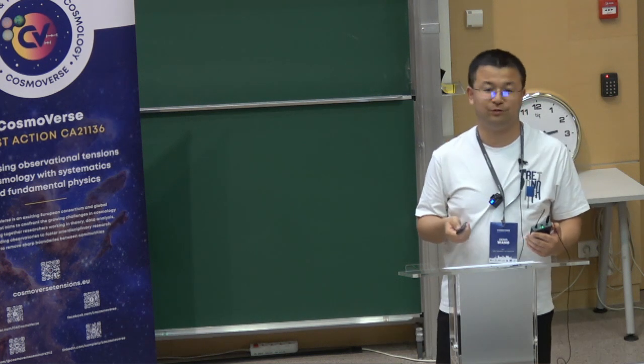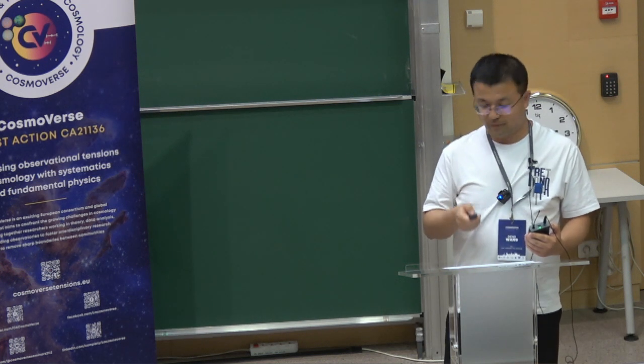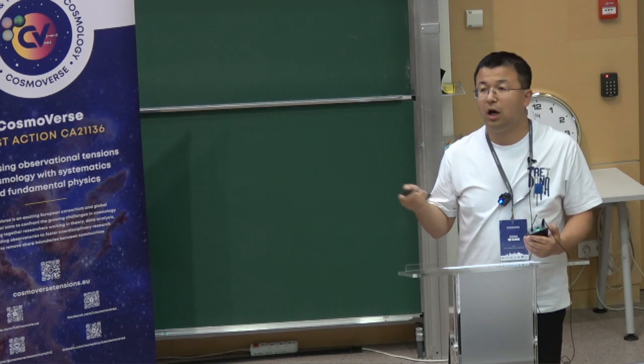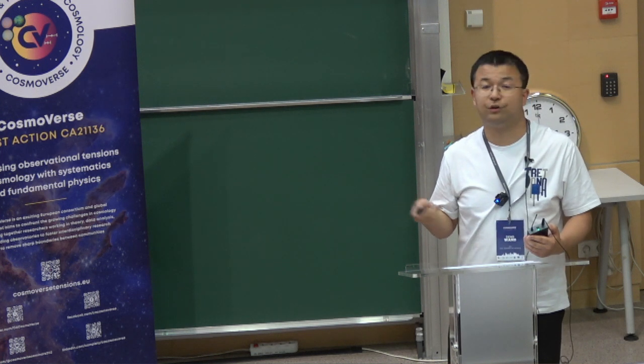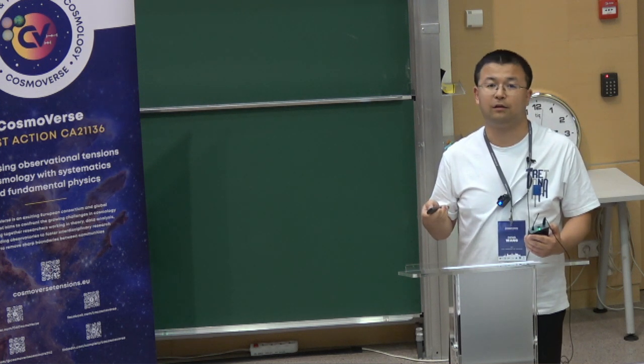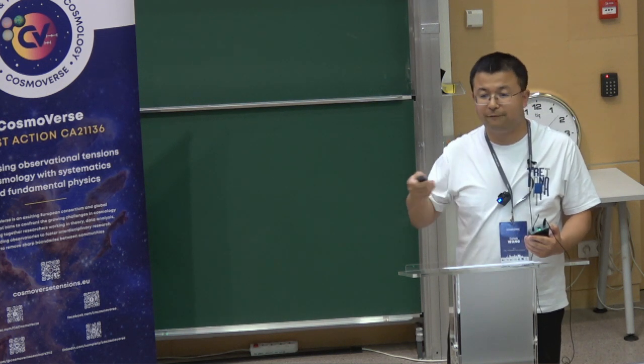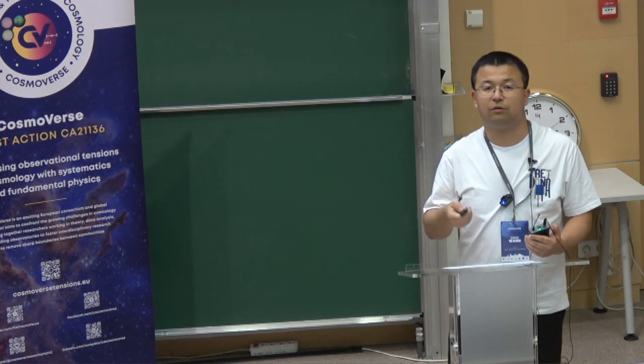Yeah, I know. I also checked the recent CMB-S4, LiteBIRD and CORE predictions, and they will reach 10 to minus 3 at this level. But currently I can't find any error in my code.